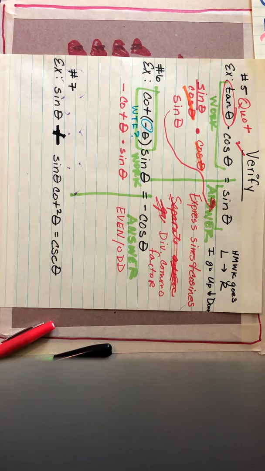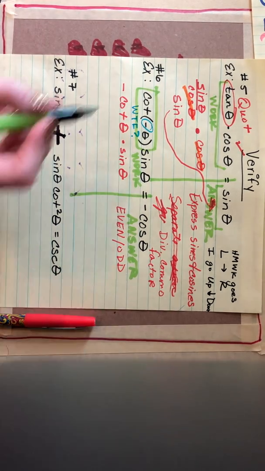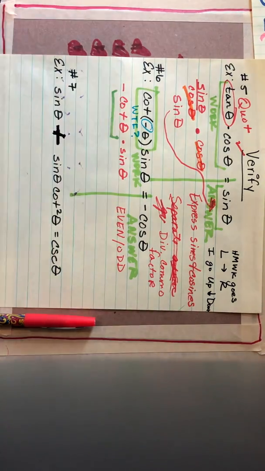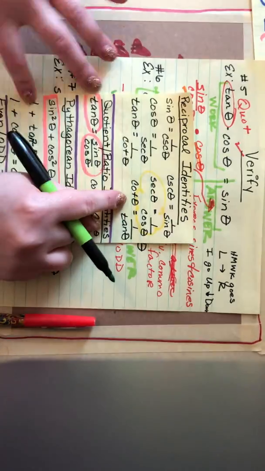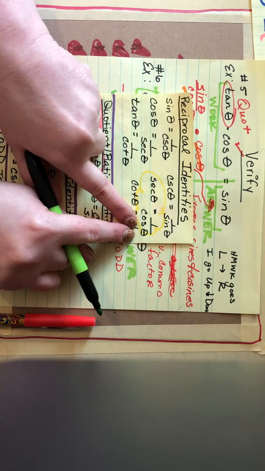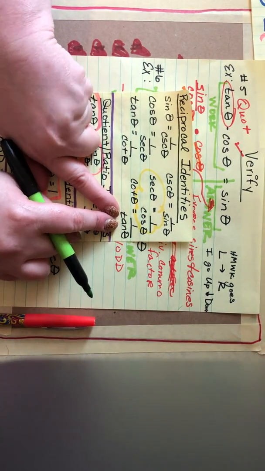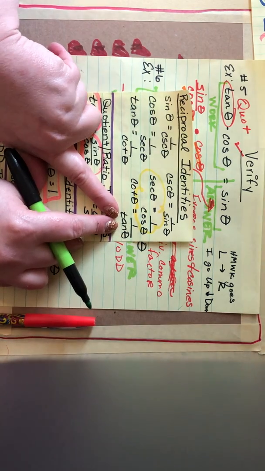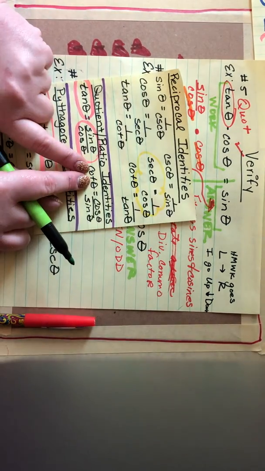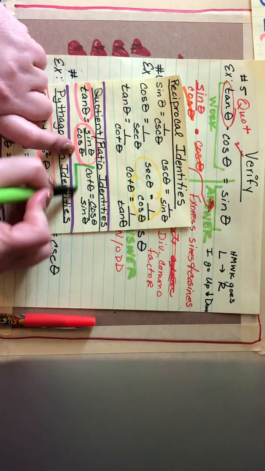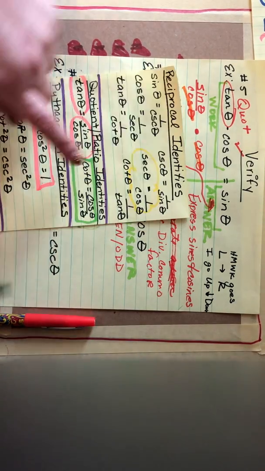Okay, now let's write things in terms of sine and cosine. So this cotangent, let's see. Here's cotangent. It's equal to 1 over tan, but that's not what I just told you to do. I just told you to write it in sine and cosine. Here's cotangent, and it's equal to cosine over sine.